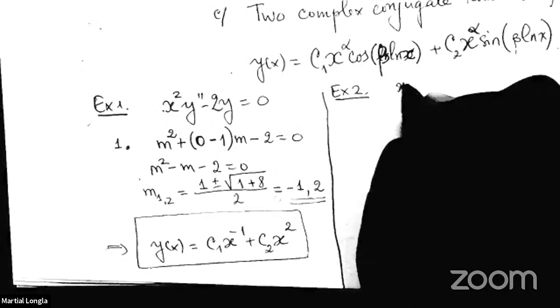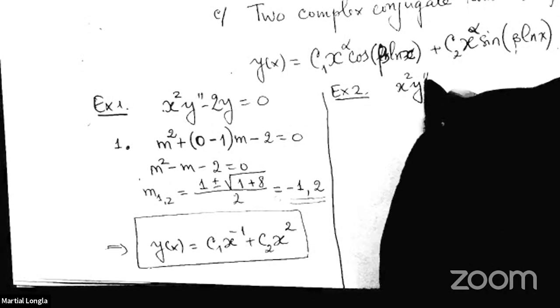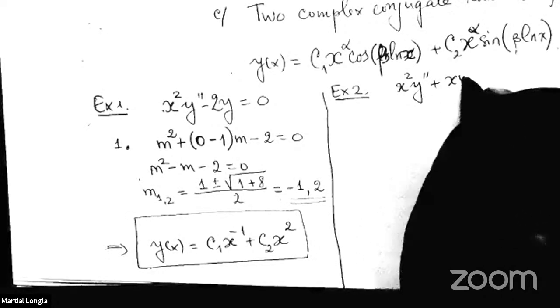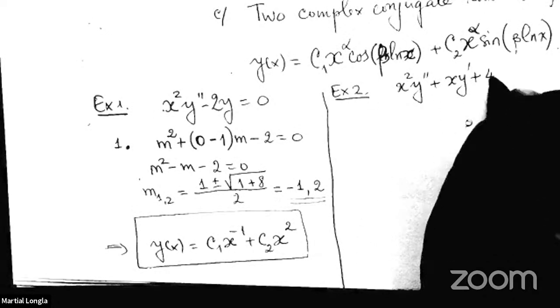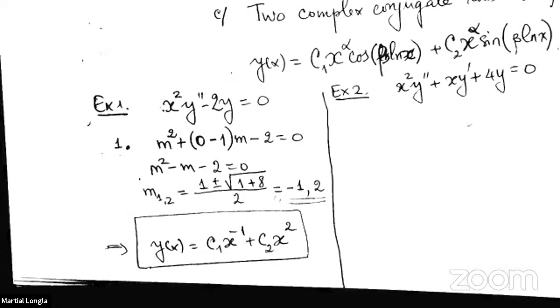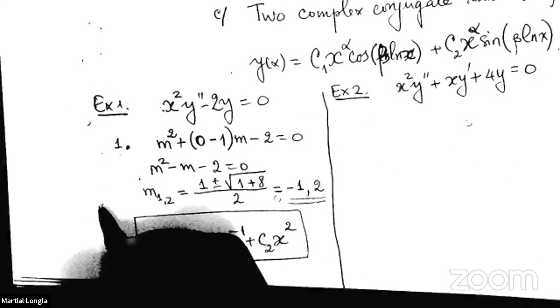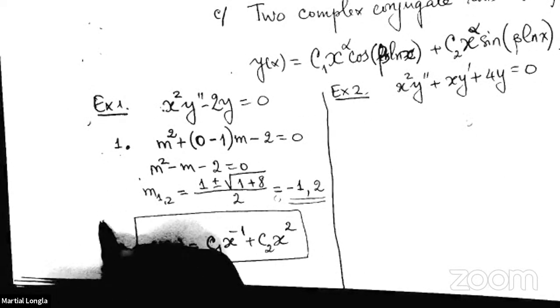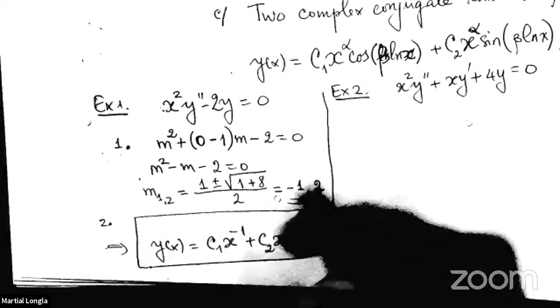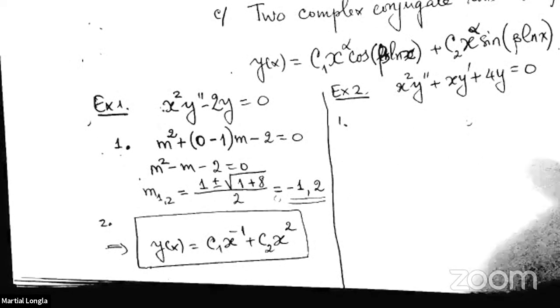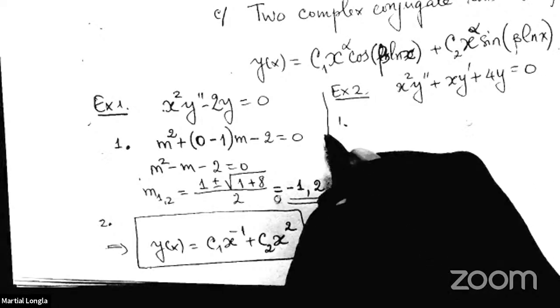x squared y double prime plus xy prime plus 4y equals 0. So this was step 2. In step 1, you write down the Euler equation.